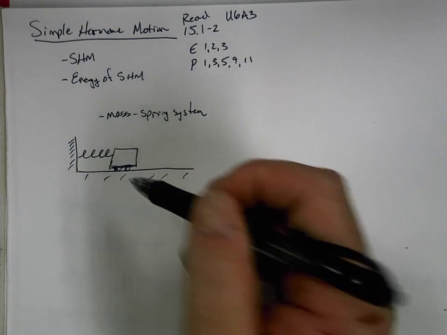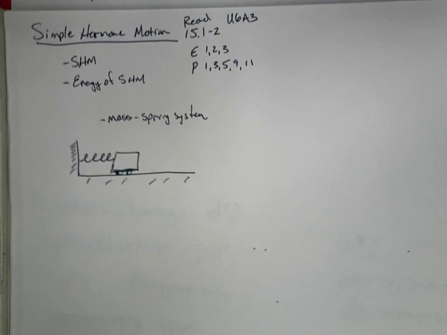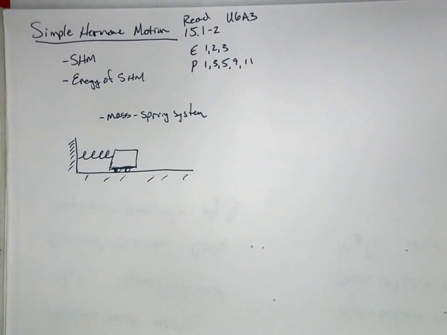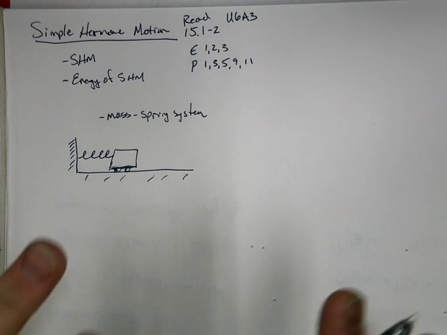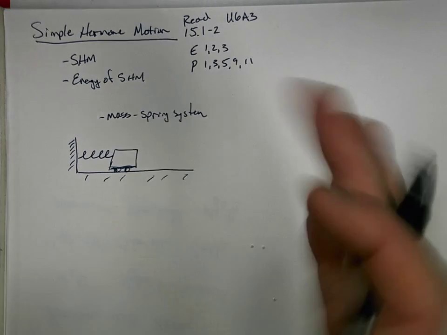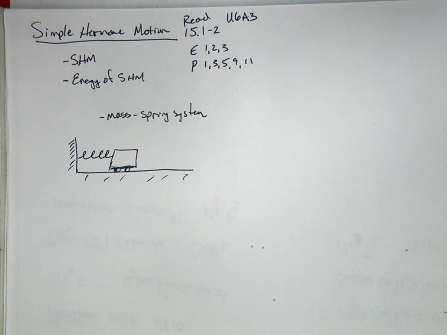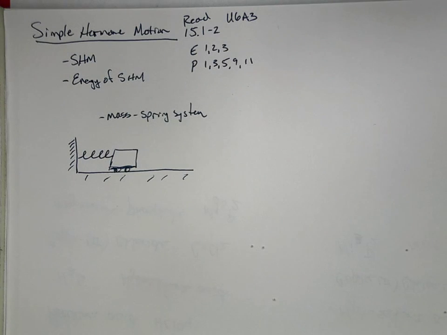Everything is at rest here. This is a spring, an ideal spring. You can compress an ideal spring and stretch an ideal spring in either direction. If you compress a spring, you will get a force pushing against the direction of compression.